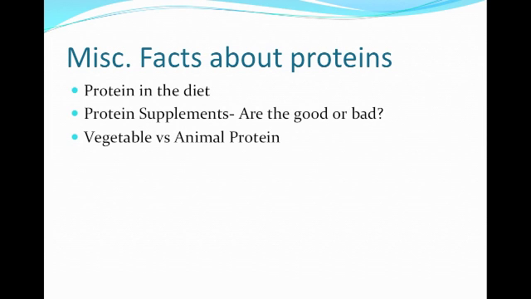A lot of people also talk about vegetable versus animal protein, and there's kind of a misunderstanding that vegetable protein doesn't have as much protein as animal protein, but that's actually quite wrong because vegetable and animal protein have almost the same amounts of protein.